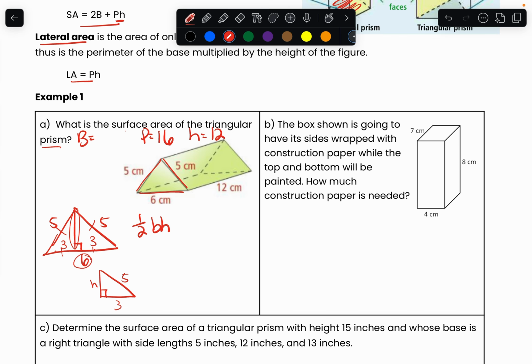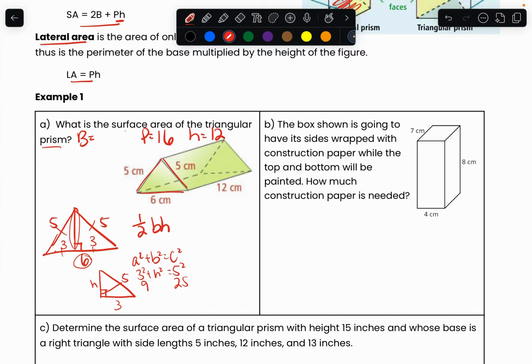To find my missing height, I have to use the Pythagorean theorem, a squared plus b squared equals c squared. I know my c will be 5 because this is the side across from the right angle. So this gives me 5 squared, my a squared will be 3 squared, and my b squared will be h squared. 3 squared gives me 9, 5 squared gives me 25.